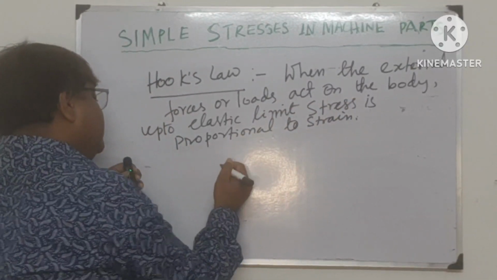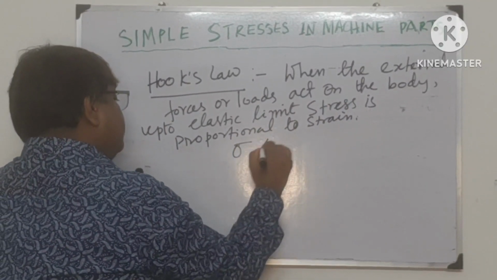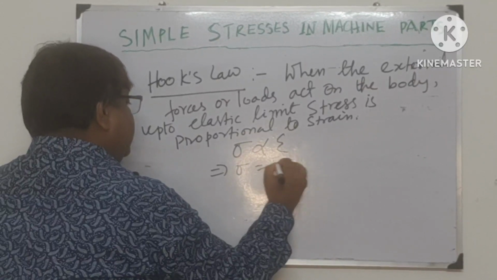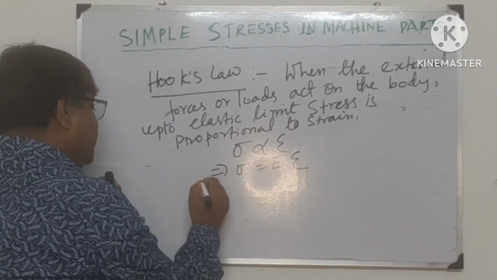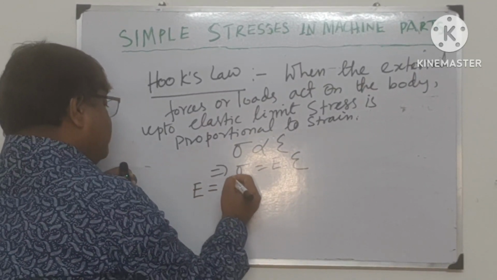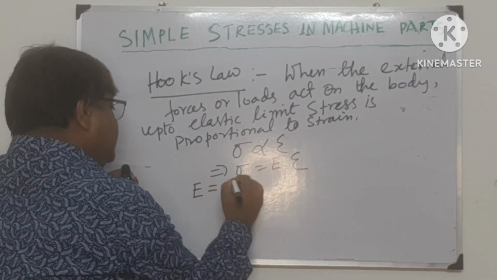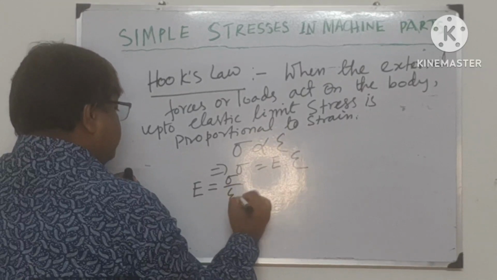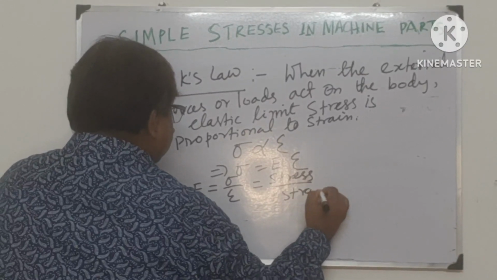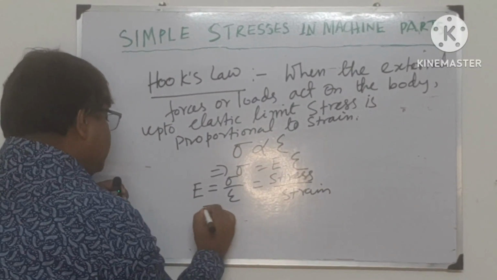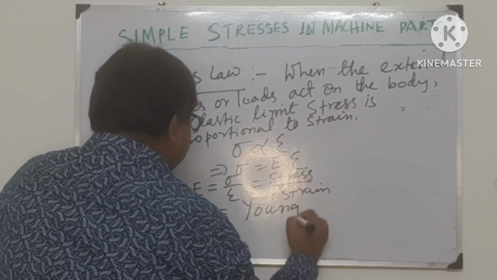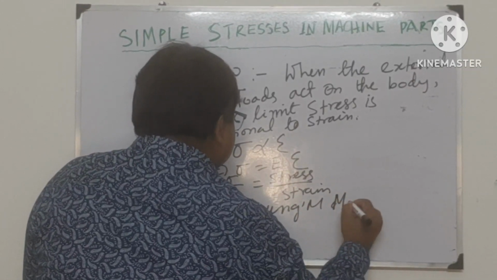So we can write sigma proportional to epsilon, so sigma is equal to E into epsilon. Here E is equal to the constant of proportionality. So E is equal to sigma by epsilon, or stress by strain. What is the meaning of E? E is equal to Young modulus.